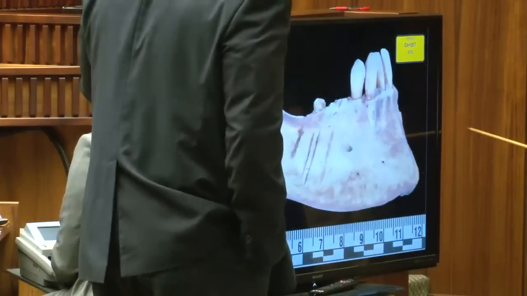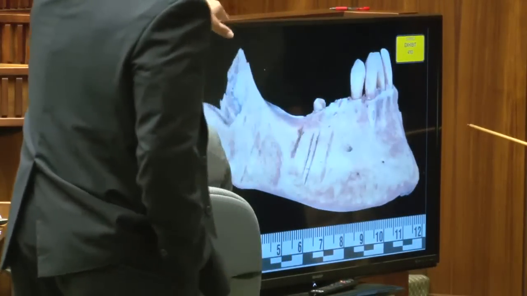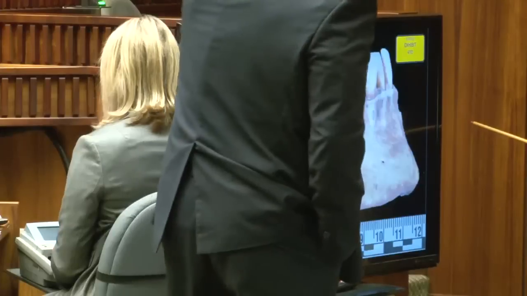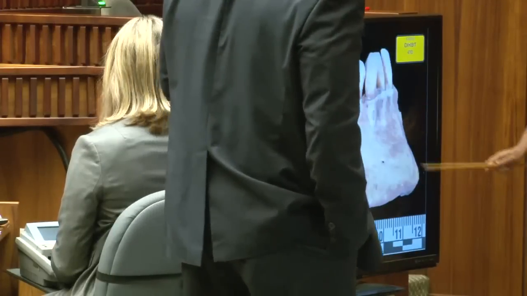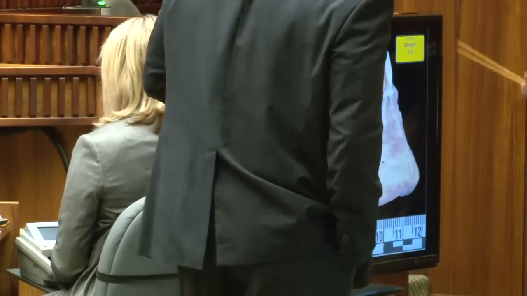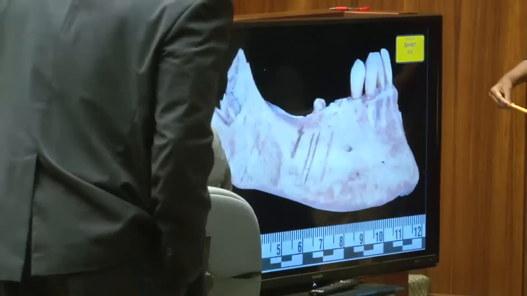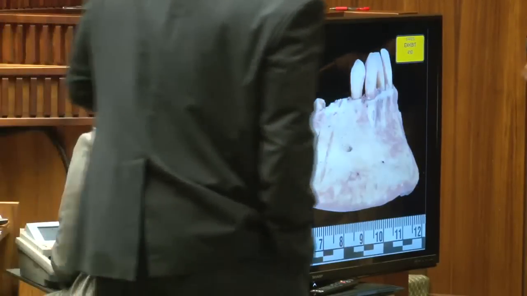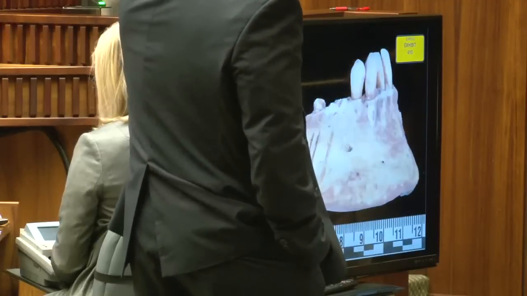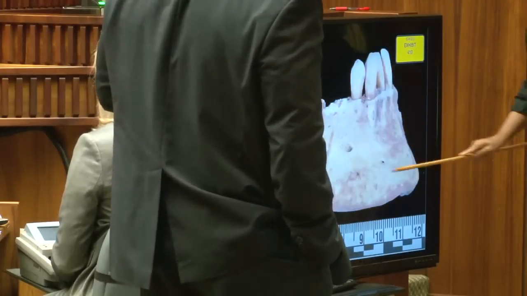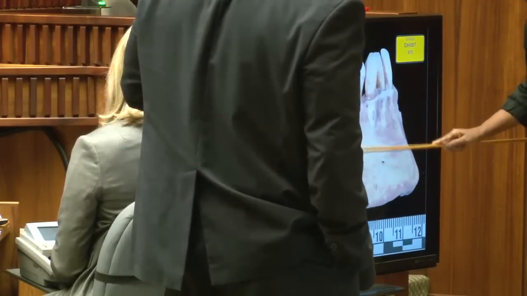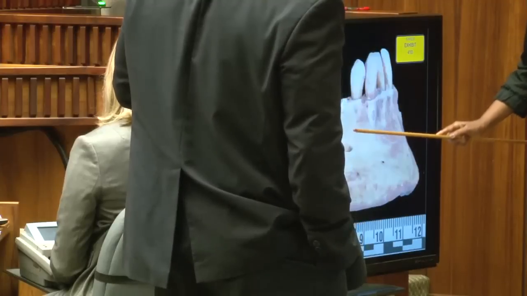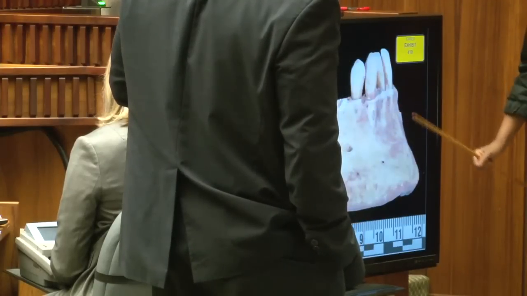Now, I want to turn your attention to the 4th linear mark that's shown in the middle of the photograph. Yes, I see that. All right. Now, looking at this photograph, do you have an opinion as to what would have created or caused that linear mark? In my opinion, these marks are consistent with a sharp cutting instrument having cut through the bone.